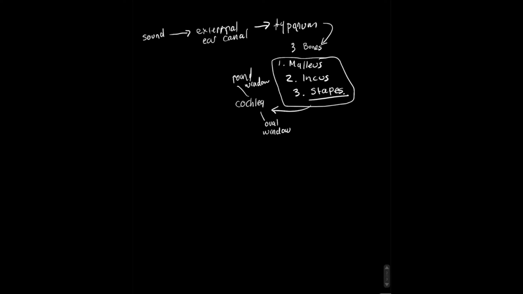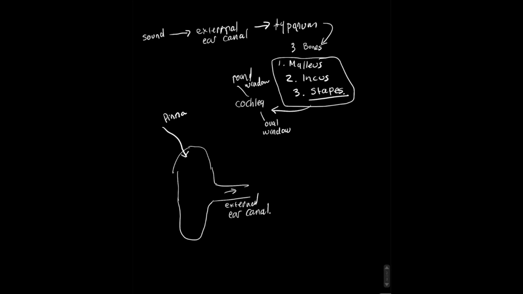So I mentioned before the external ear and the different parts and what they do. Probably the most important thing to understand about the external ear is that its primary purpose is to get sound to properly enter the external ear canal. The secondary purpose is up here, the area called the pinna.